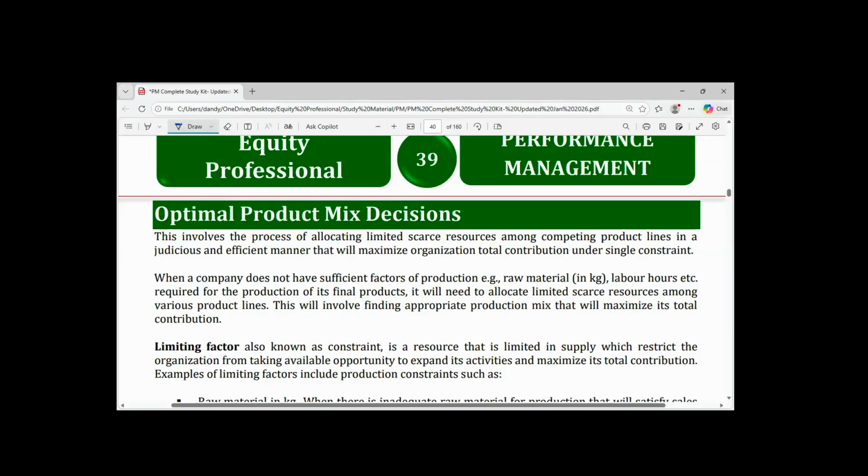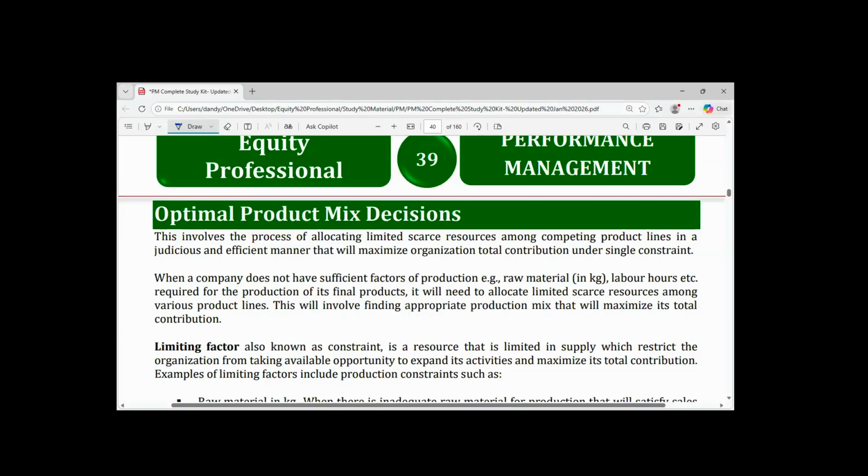Okay, so this is what we mean by optimal product mix. It involves finding the appropriate production mix that will maximize total contribution for the company, because the company wants to take advantage of market condition.